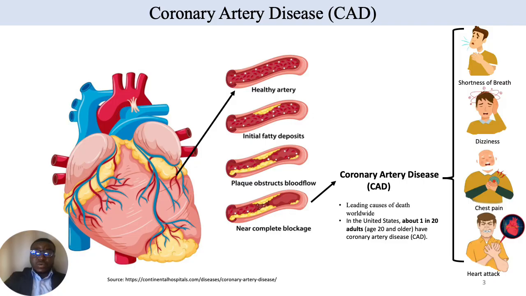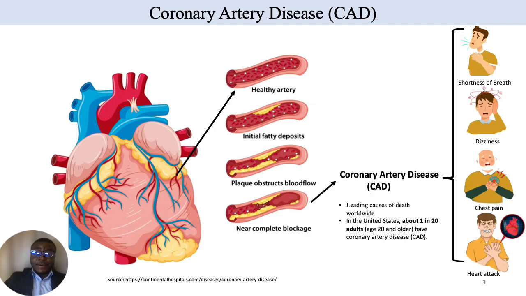Coronary artery disease, also known as ischemic heart disease, is one of the most common types of heart disease. It is caused by a buildup of plaque in the wall of the coronary artery. The plaques narrow the artery over time, resulting in partial or complete blockage of blood flow.